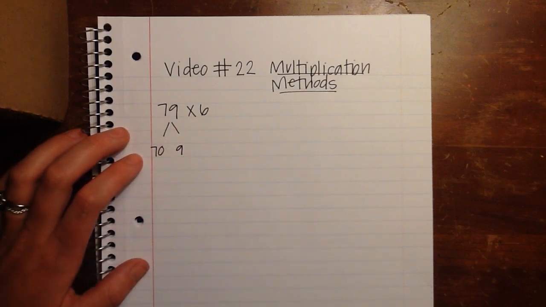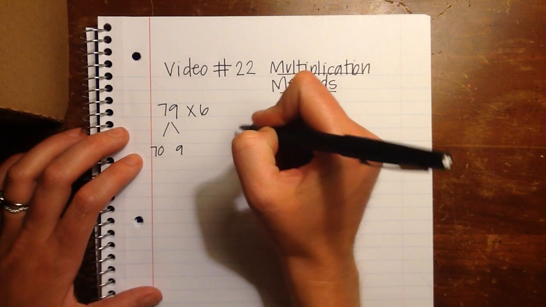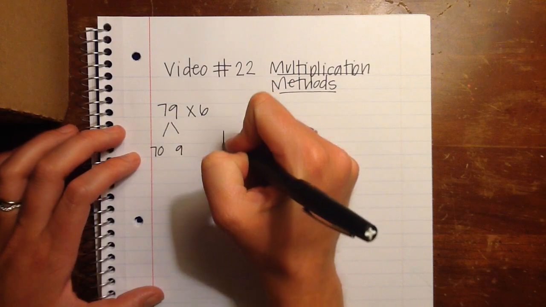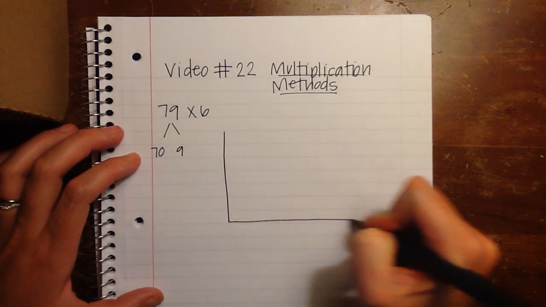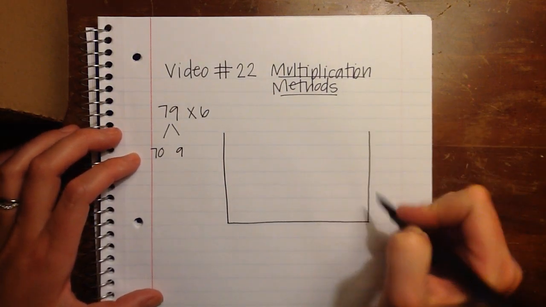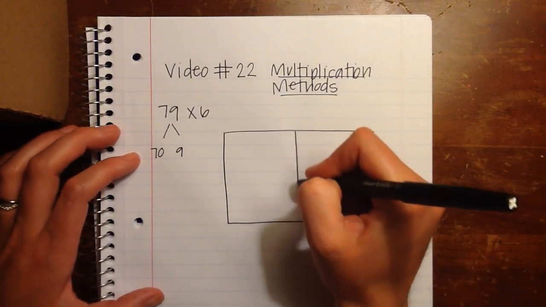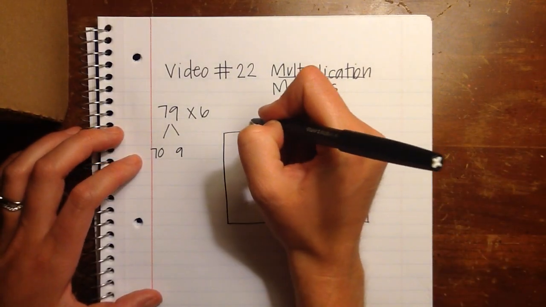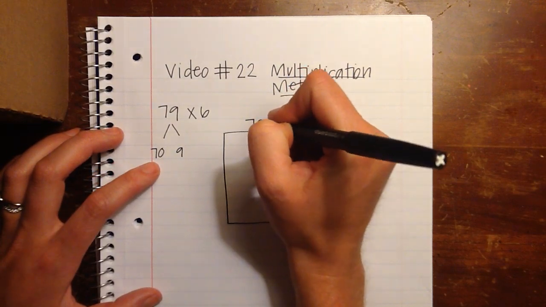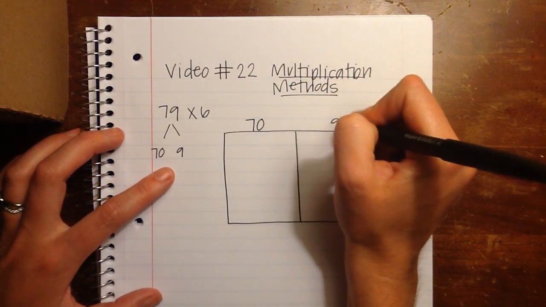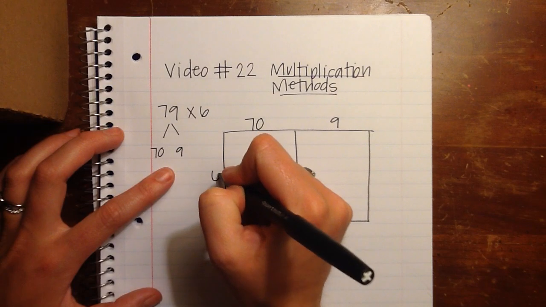It's a 9. Okay, there are two ways which you can multiply them. You can do the standard method, or what you can do is the area method. So first I'm going to do the area. And I'm going to break this into 70 and 9, and then here will be 6.